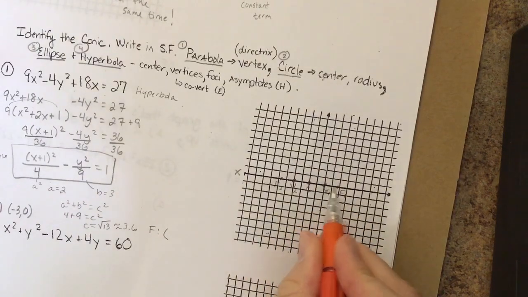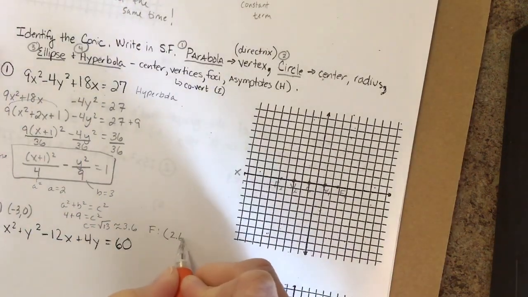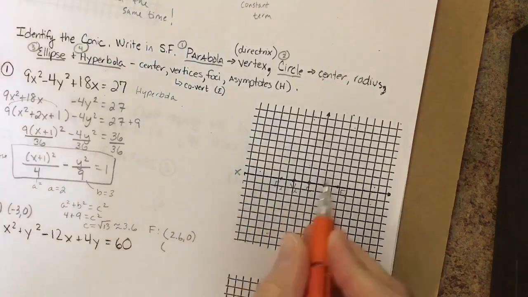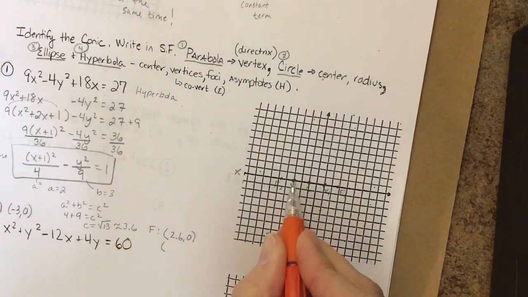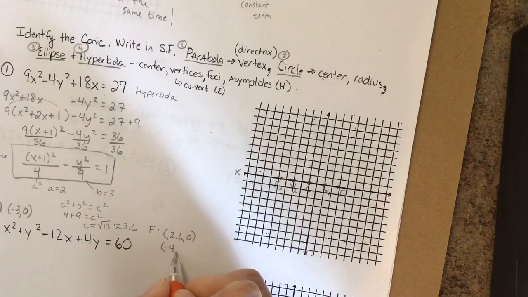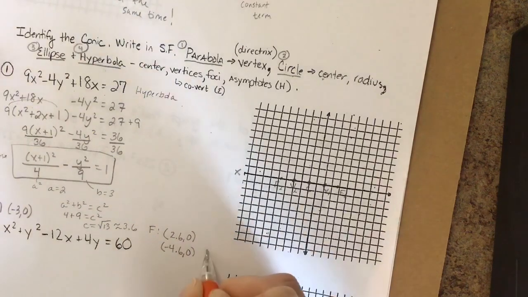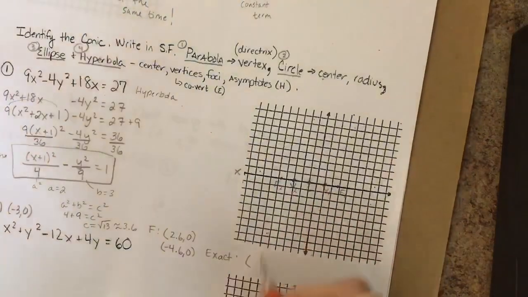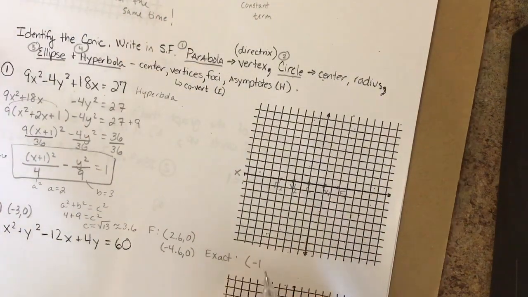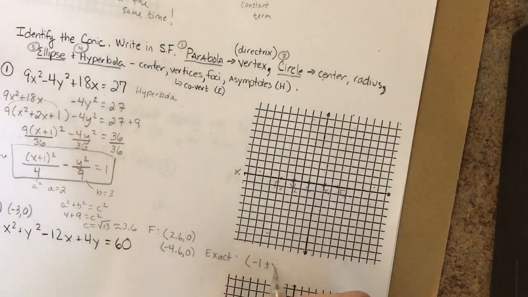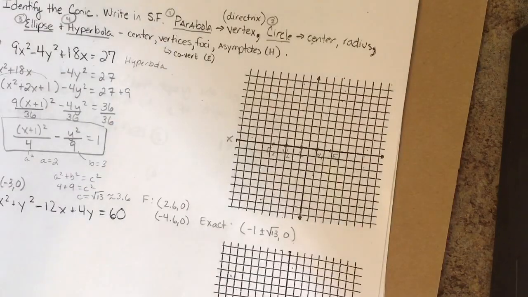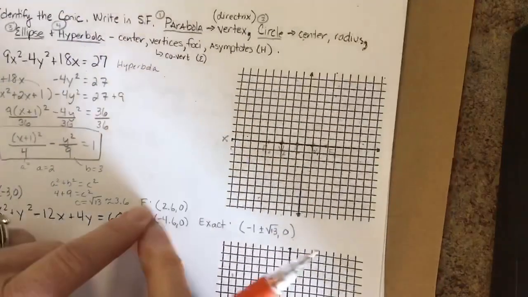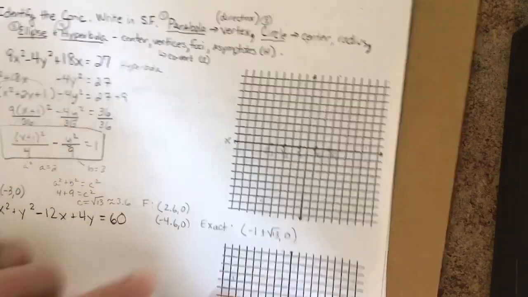So that's (2.6, 0) and (-4.6, 0). Or exact foci would be the center (-1 plus or minus the square root of 13, 0). These are the approximate foci, and this is the exact foci.